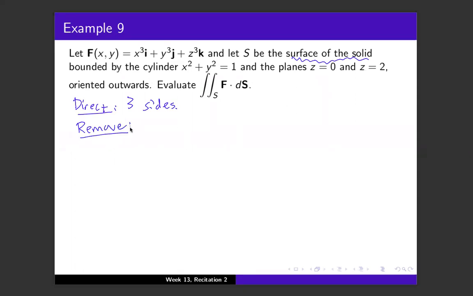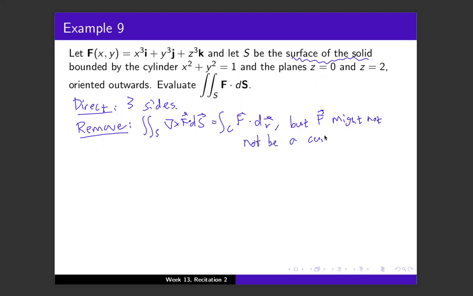Removing an integral with Stokes' theorem, ordinarily you can do something like this, but the problem is twofold. First of all, F might not be a curl, and in fact, it isn't.